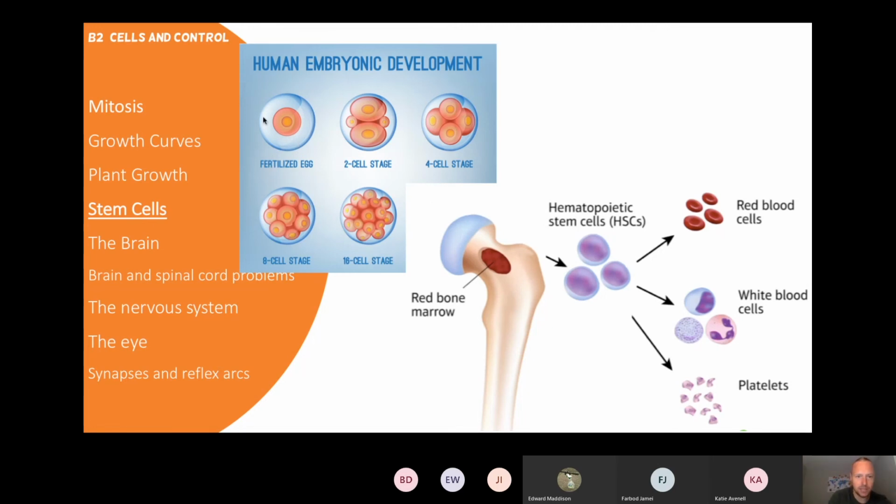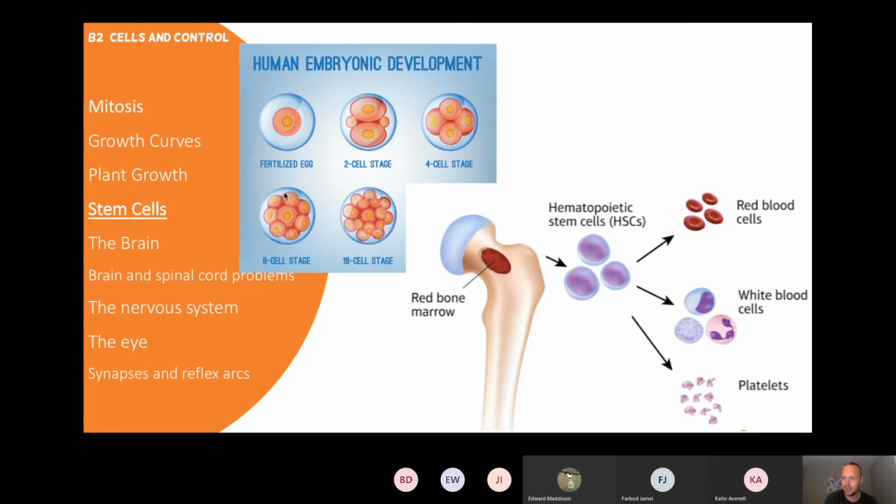Embryonic stem cells are found only up until the 8-cell stage. At the 8-cell stage, if you removed each of those 8 cells, they could all turn into copies of you. So if you split up those 8 cells and 3 of them survived through pregnancy, you would have identical triplets. So the 8-cell stage is the last stage at which embryonic stem cells are found.